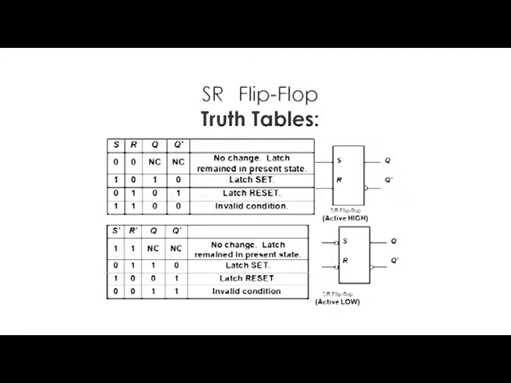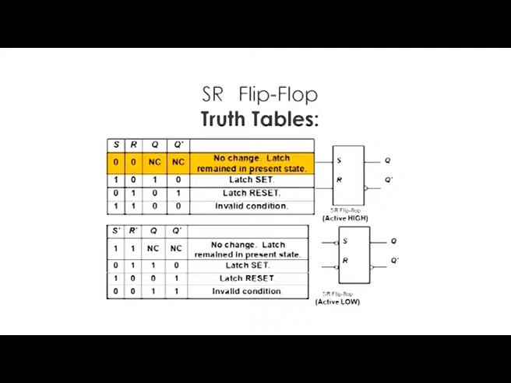Now, let us give inputs to this SR flip flop. At first, we are giving two low inputs to both the terminals. So, we are giving a 0 to S and a 0 to R. Watch the value of Q. Q is NC and Q complement is NC.